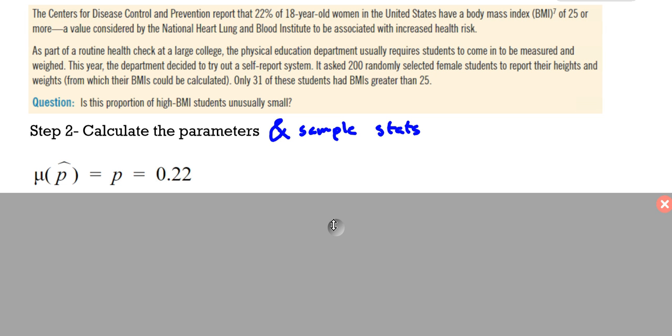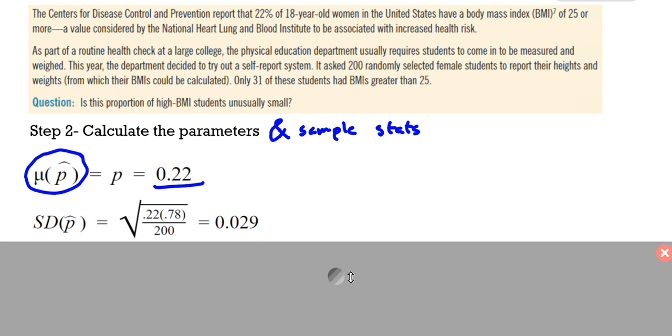If the population proportion is 22%, and this is why the randomization condition is so important, then if we have a good representative sample, it should also be 22% of the sample that has a BMI of 25 or more. So the mean, the center of our sampling distribution, is going to be centered around 0.22. Nothing to do with that; just take what they give you.